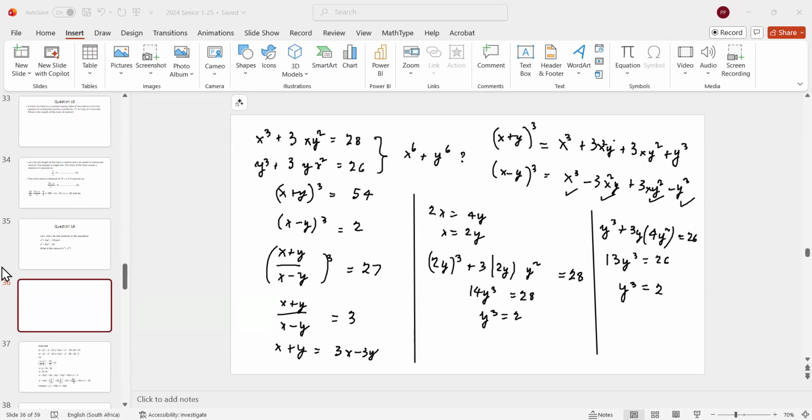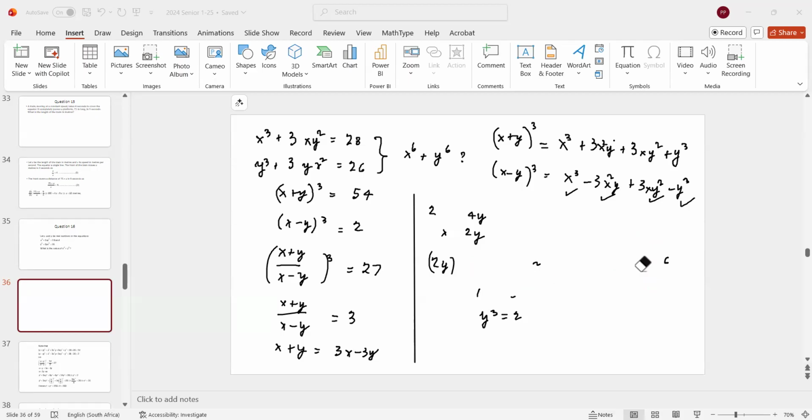Okay, let me delete all this. I think I'll need a little bit more space. Remember, y cubed is equal to 2. So now let me calculate x. I know that y cubed is 2.